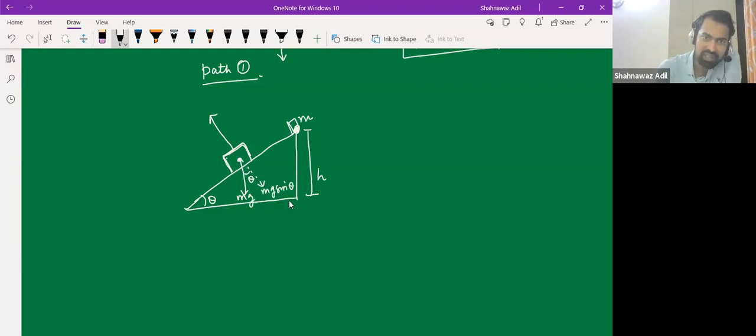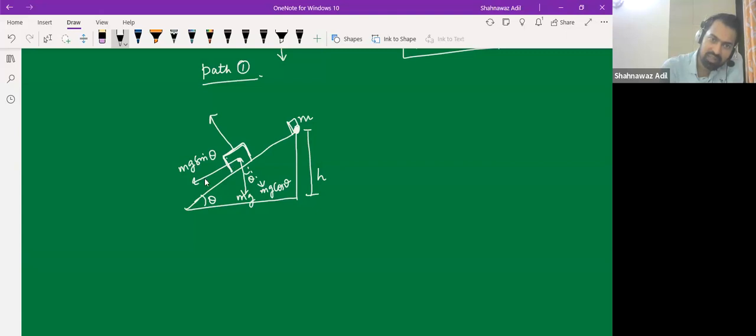And with theta, this is mg cos theta. So this is the gravitational force component which is acting in this direction, right?